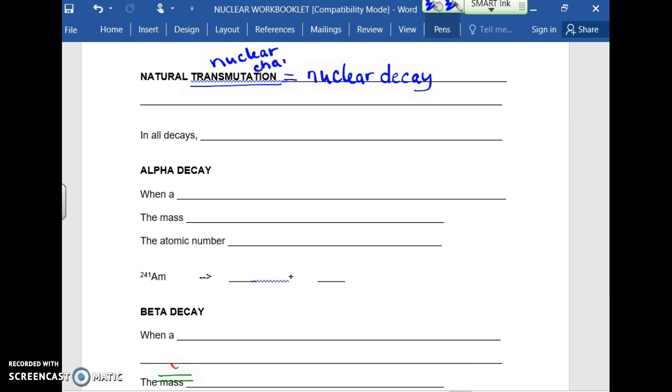Since it's a kind of an abstract word, not a very common word. The word natural, I think I mentioned a moment ago, that means a spontaneous change in the nucleus.